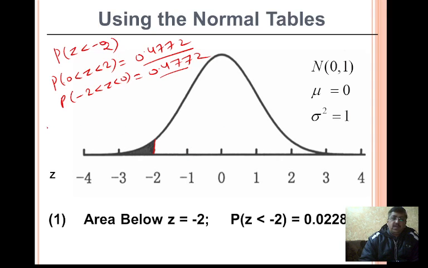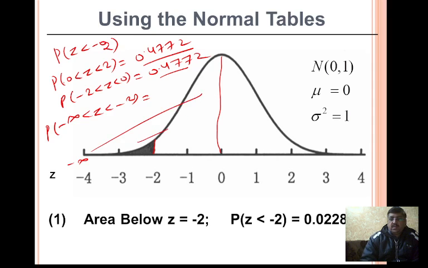We are interested only in the probability of z less than -2, that is, minus infinity to minus 2. If you draw a line like this, this entire part is nothing but 0.5. So we know that this value is 0.5.